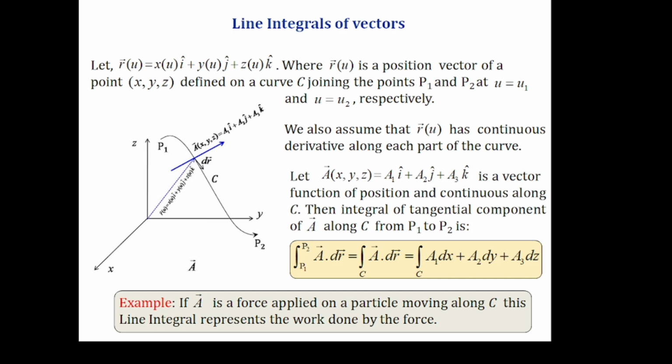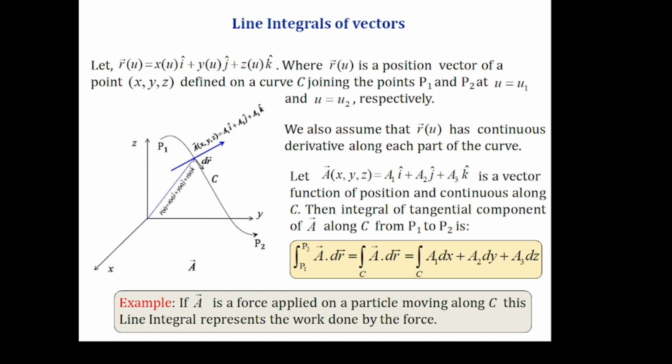So r is a function of a single variable u, and it is continuous. It is important to mention that r(u) has a continuous derivative along the curve, and dr represents a small elemental length on the curve, with direction along the tangent of the curve at a particular point.